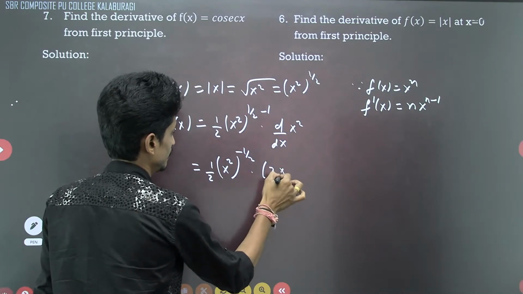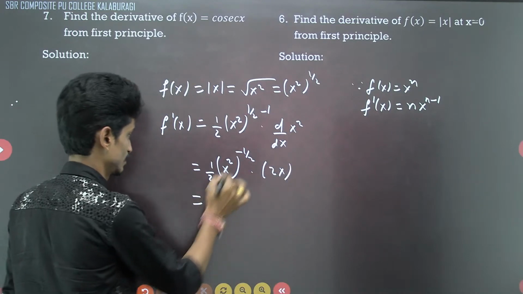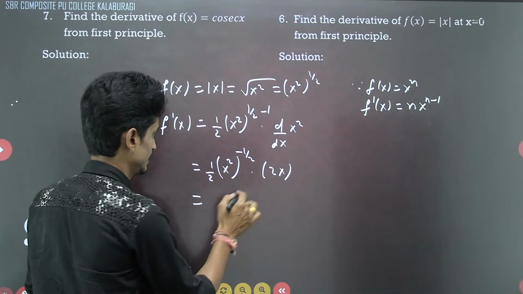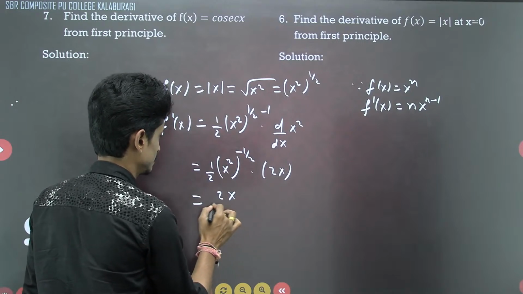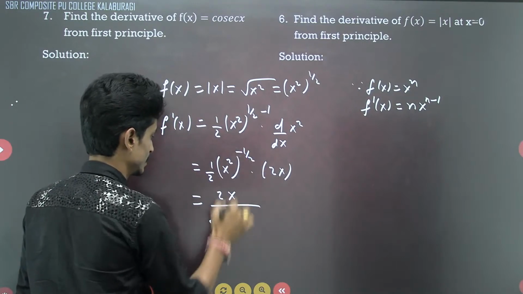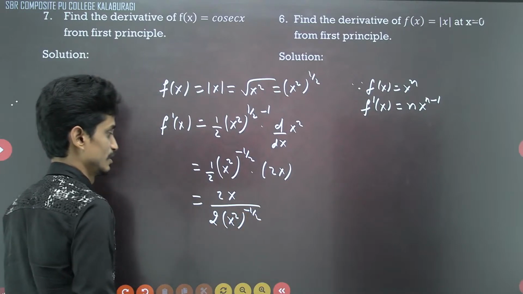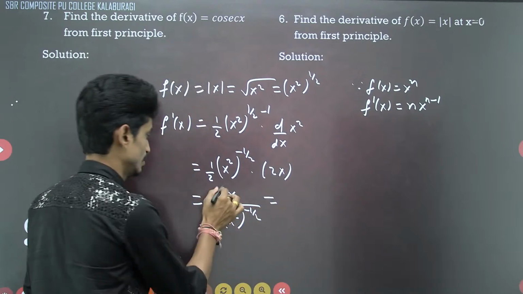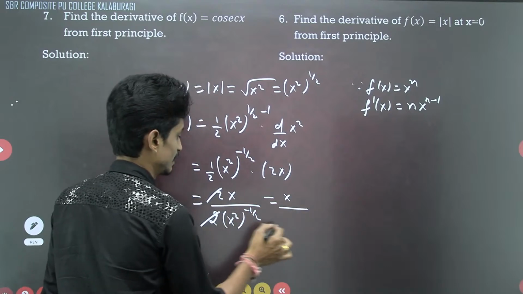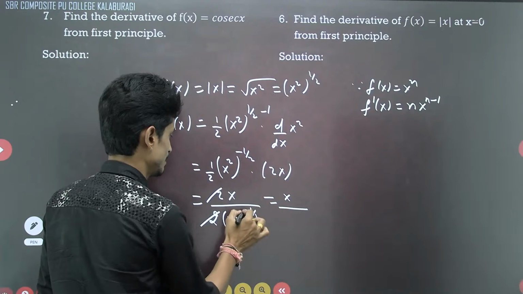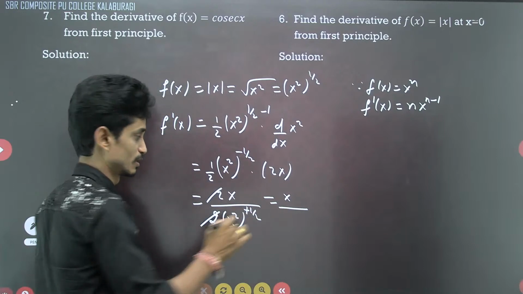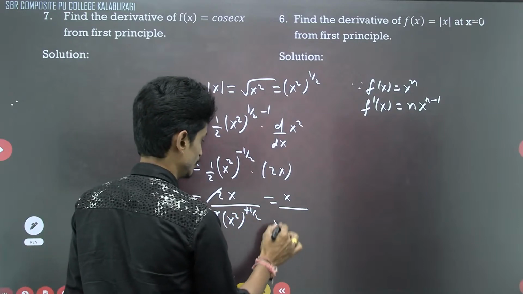X square derivative will be how much? 2 times of x. Now this can also be written as 2 times of x divided by 2, taking the reciprocal, this x square whole power minus 1 by 2. After that 2 and 2 cancel, x divided by it will be positive now when I take the reciprocal. Then plus 1 by 2 means what we can write?